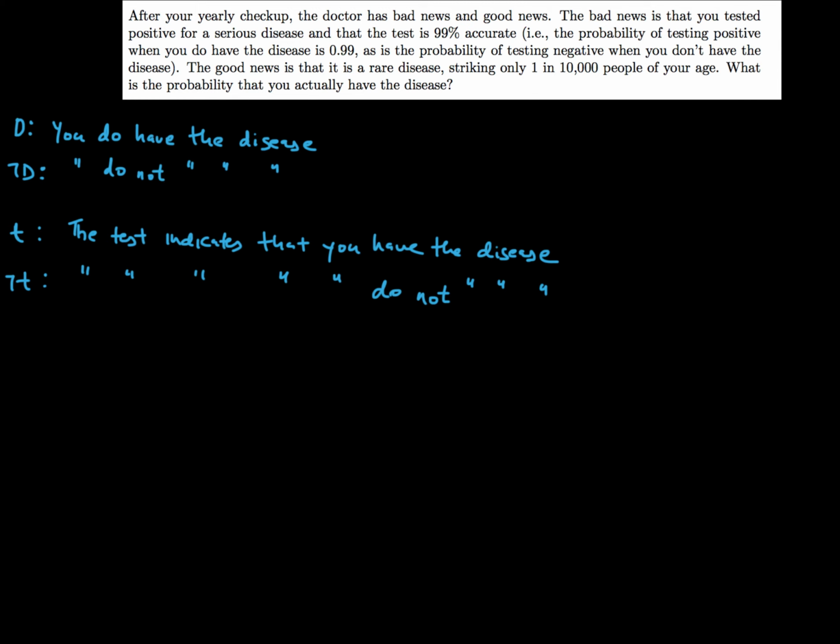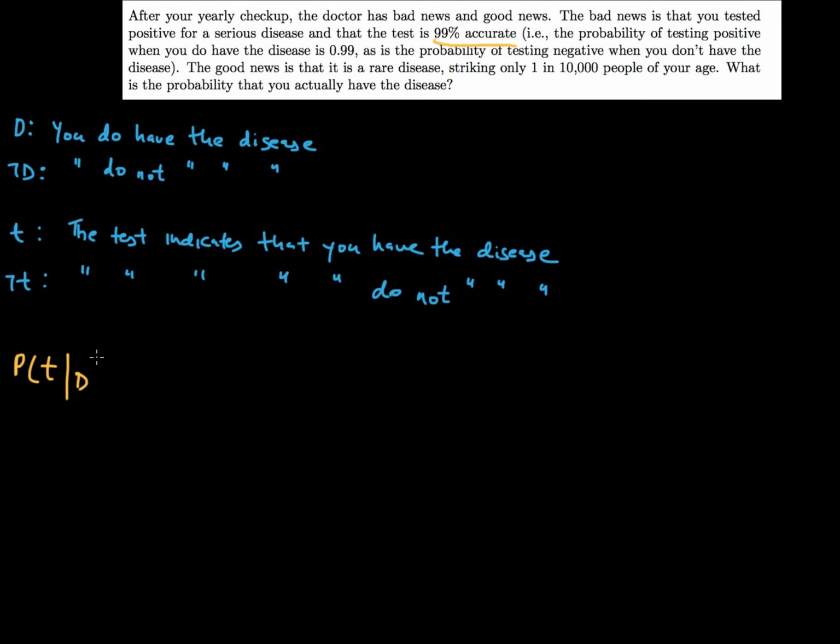The first thing we can do is write 99% in terms of probability and in terms of the random variables that have been provided. When I say it's 99% accurate, what it really indicates is that the probability of the test showing that you have the disease, given that you really do have the disease, is 0.99.